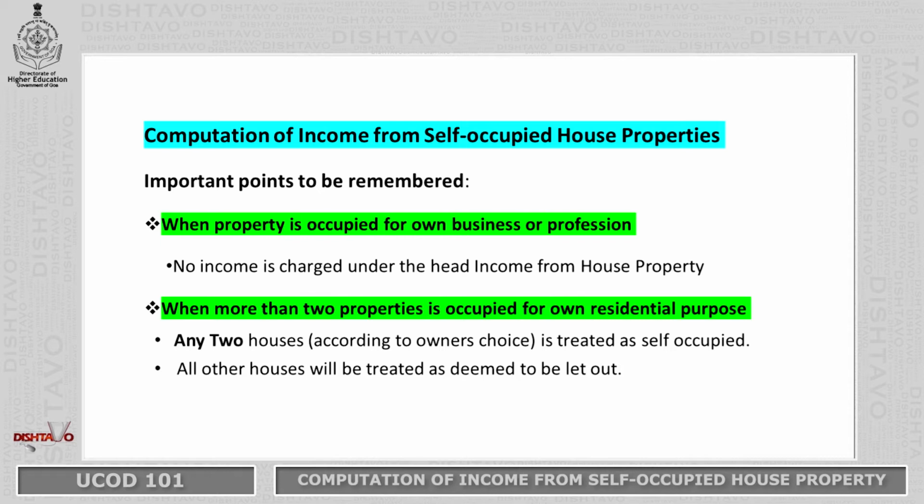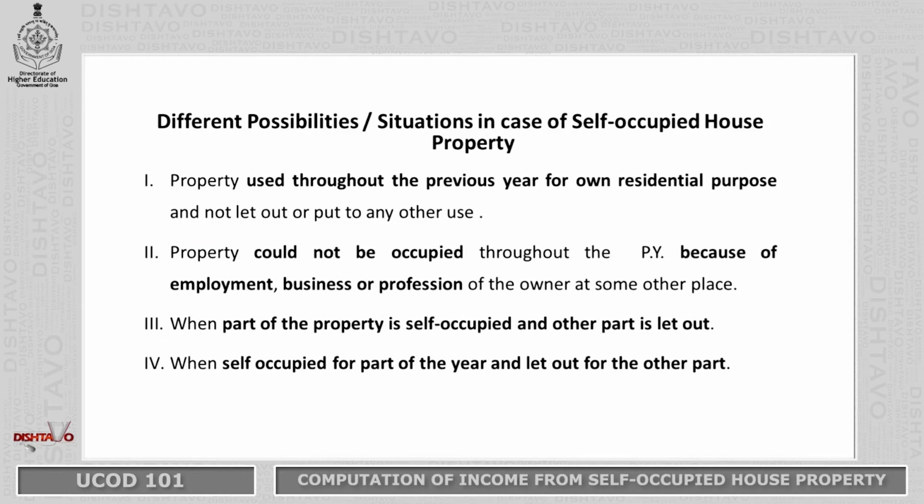And this is a very important point. From assessment year 2021 onwards, 2 self-occupied properties are allowed. Earlier to that, an assessee was allowed to have only 1 self-occupied property. So now from 2021 onwards, an assessee can consider any 2 houses of his choice for self-occupation.